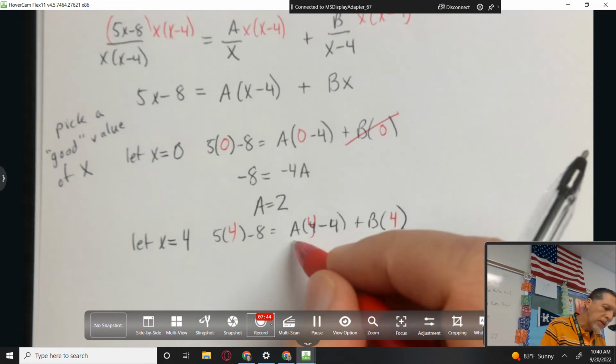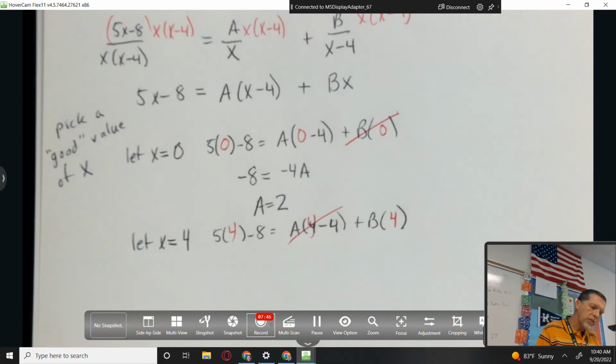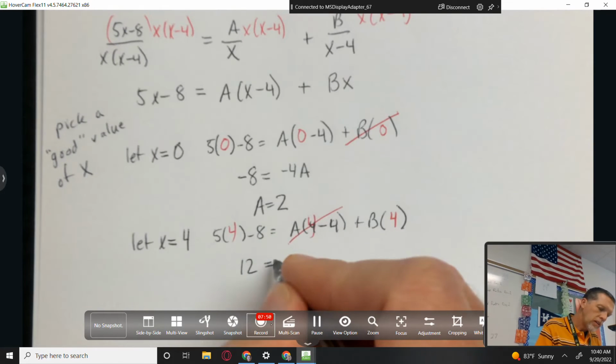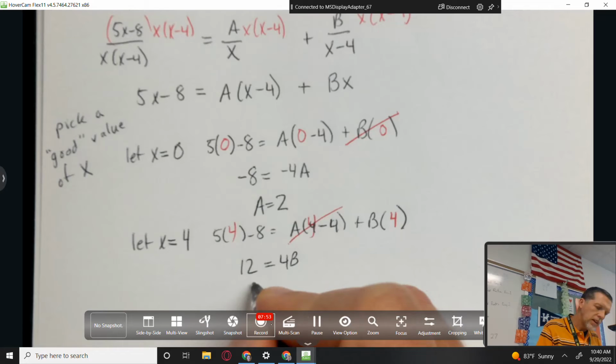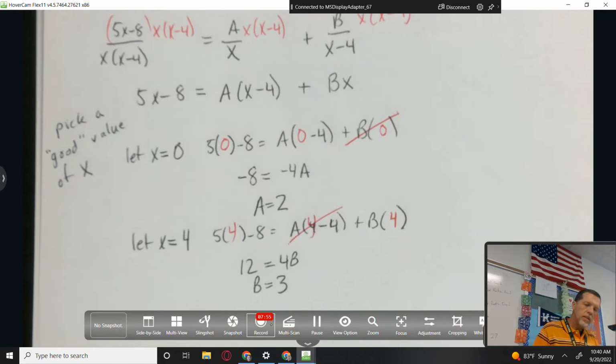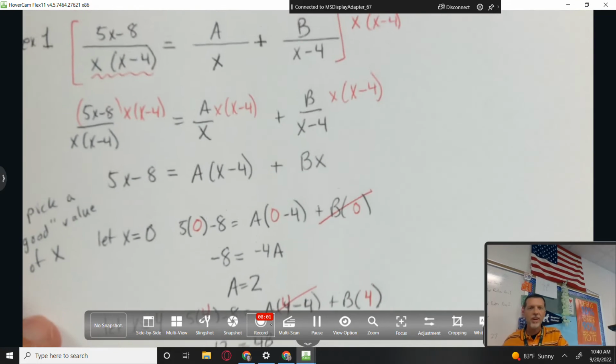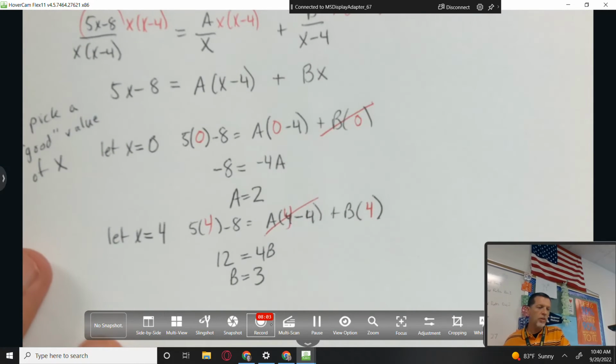And the whole point of picking the 4 is it wipes out that term. 20 minus 8 is 12 equals 4b. So b is 3. So now we've solved the problem. Although I haven't given the answer yet because the answer is the original question.